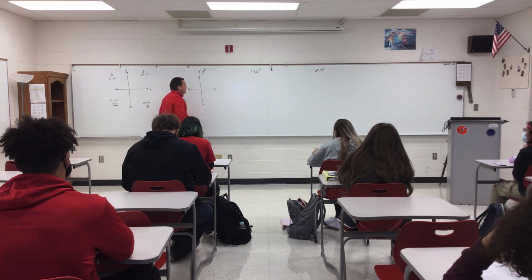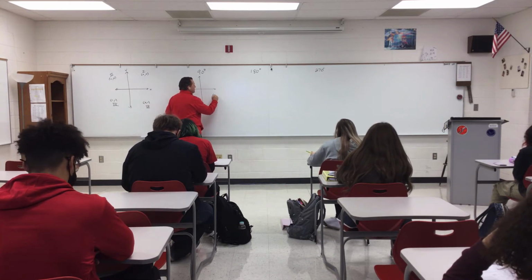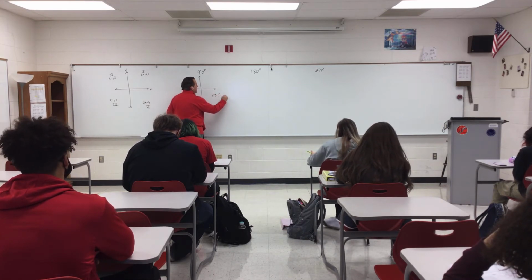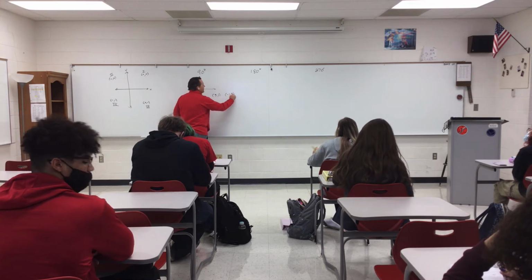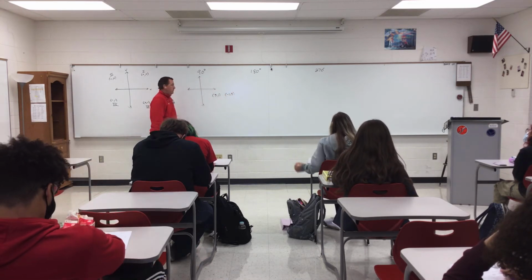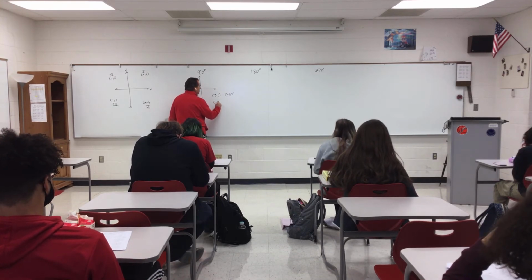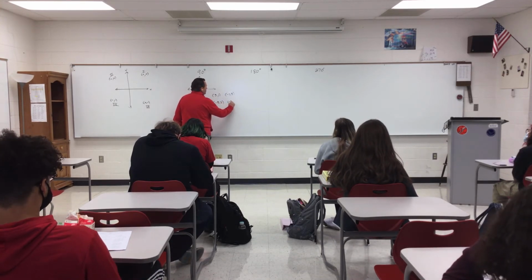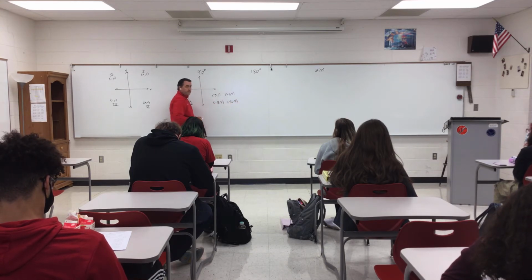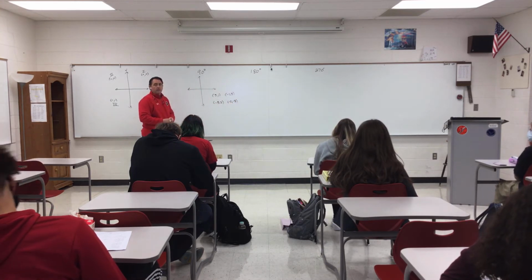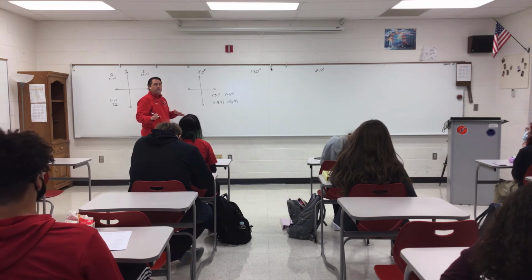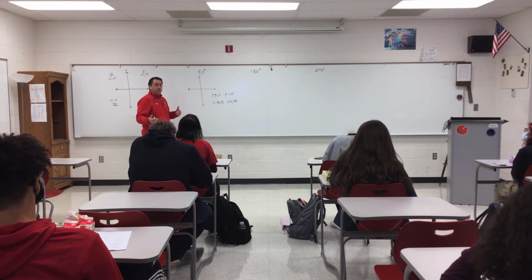So on our points here, I forgot what they were. What was A? First one was (3, 1). So it became negative 1, 3, didn't it? And then our other one was negative 3, 2. And it became negative 2, negative 3. Now, I just want to point this out. This is something that can help you if you're a visual person.